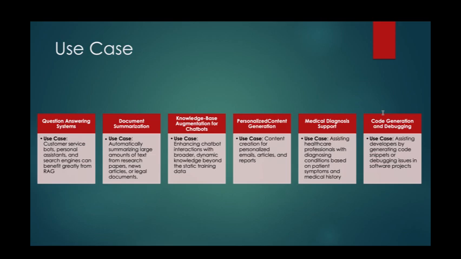RAG can retrieve specific sections of text or articles that are relevant to the summary, then use generative capabilities to produce a concise yet informative summary. This is particularly useful when dealing with lengthy documents that cover a wide array of topics.